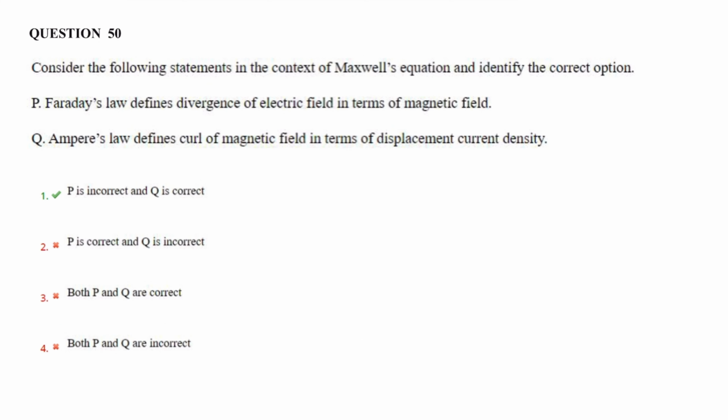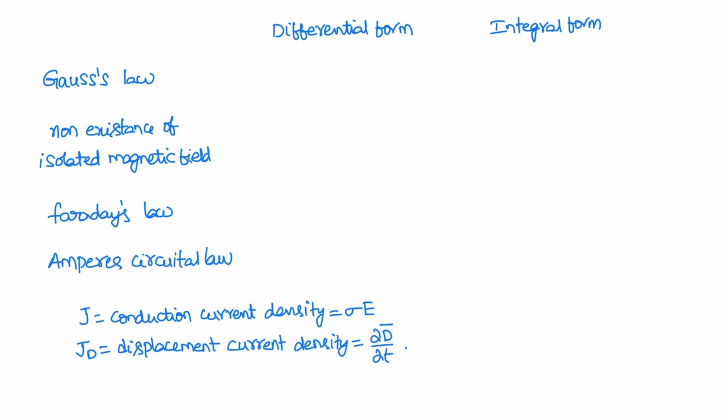Next question. Faraday's law defines electric field in terms of magnetic field. So let us see Maxwell's equations. Gauss law in differential form, del dot D is equal to rho V. In integral form, the closed surface integral of D bar dot ds bar is equal to the volume integral of rho V dV.